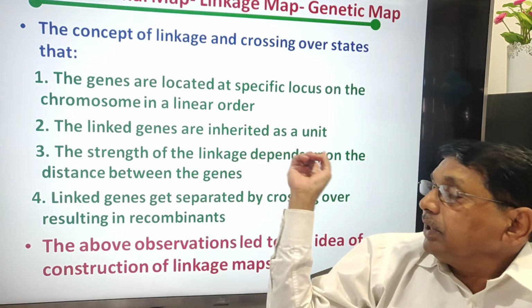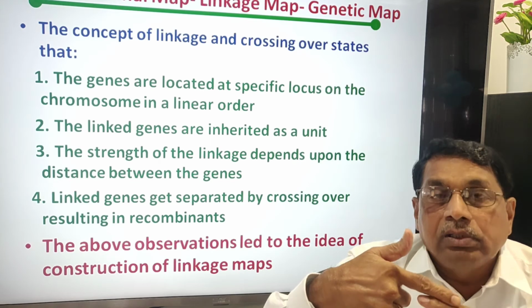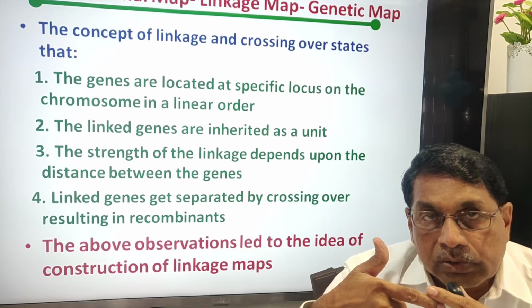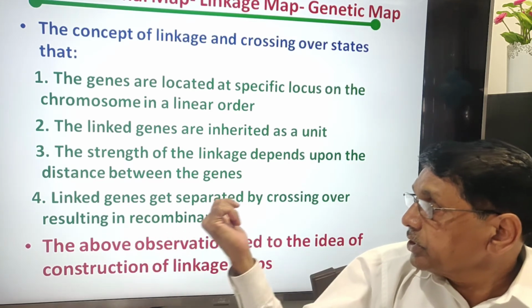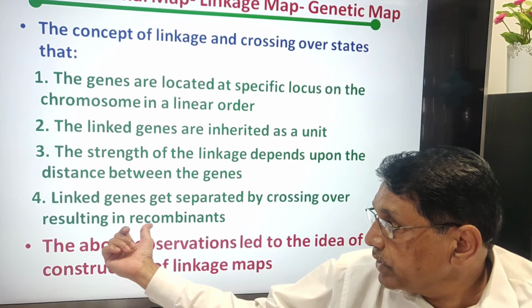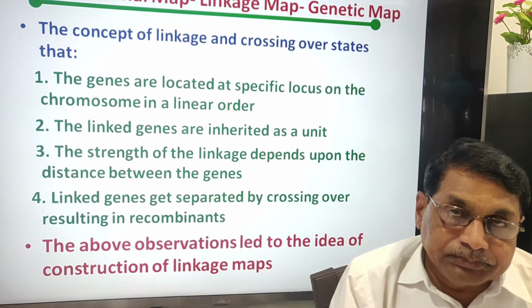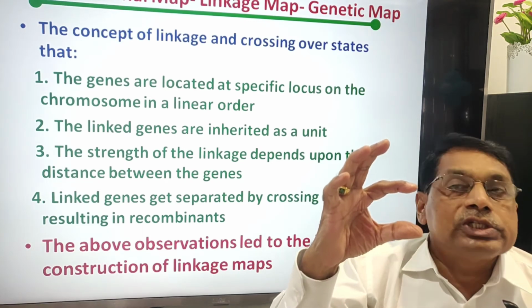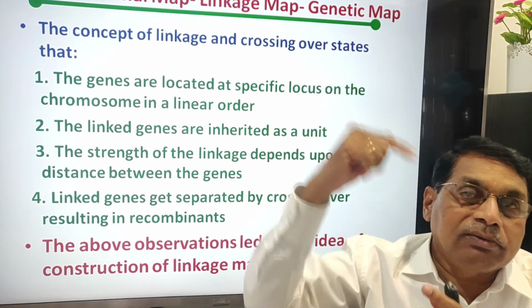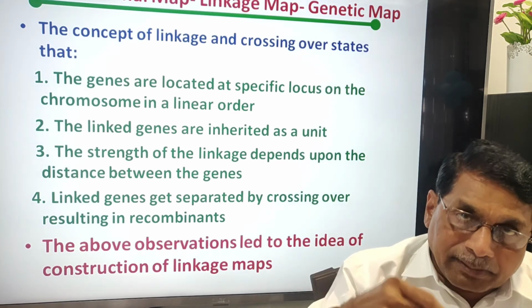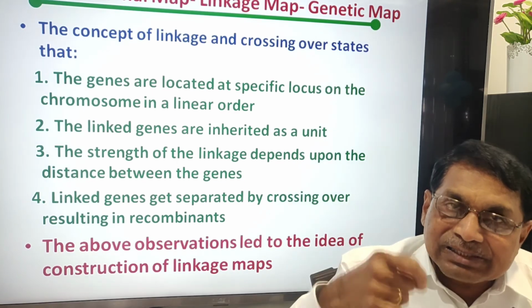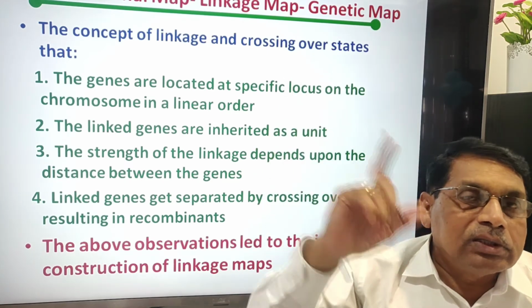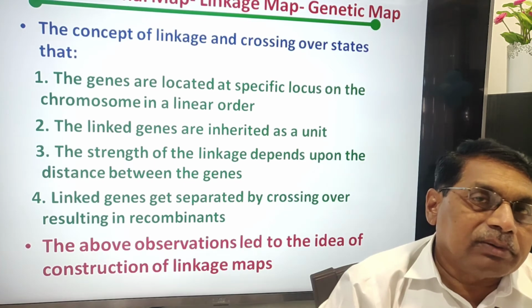The strength of the linkage depends upon the narrowness, the closeness between the two genes. Linked genes get separated by crossing over, resulting in recombinations. So here one point, suppose there are two genes close to each other. There are two genes that are far away. The crossing over will be less between the close genes, more between the genes which are located far away from each other.